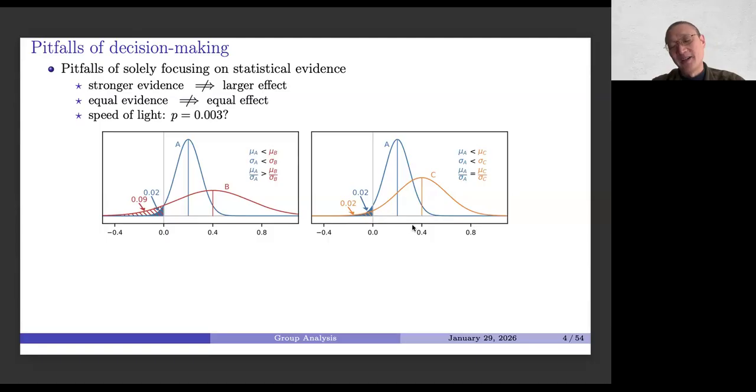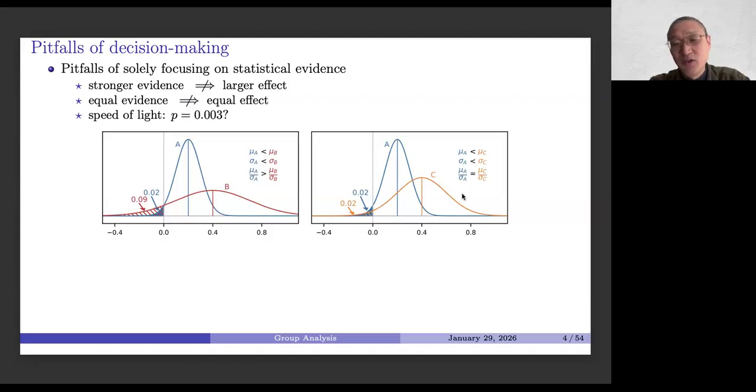On the right-hand side, both effects have exactly the same extent of evidence. The one-sided p-value is 0.02. But still, again, the orange one is most of the time bigger. So both cases tell us that the p-value by itself is not complete.